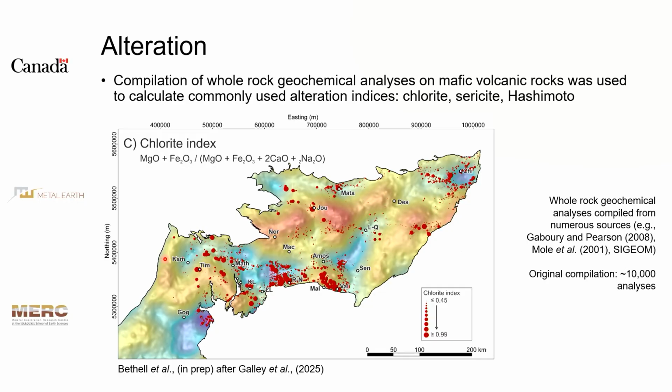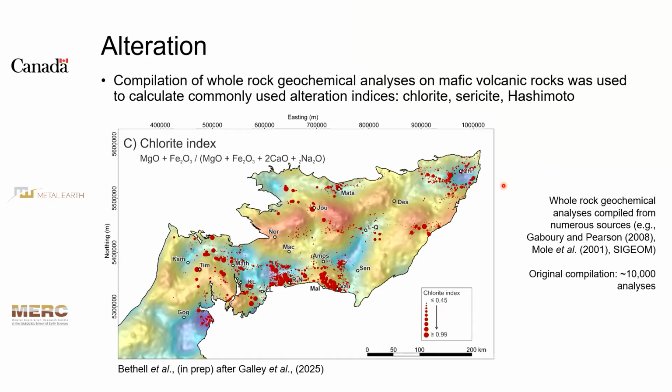The original compilation had about 10,000 samples, and if you plot this as a bubble plot where the sizes of the bubbles are proportional to the values of the alteration index, you can see that they're associated with the main mining camps and appear to be associated with the shallow moho areas.